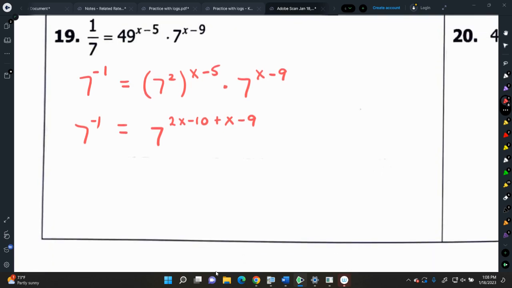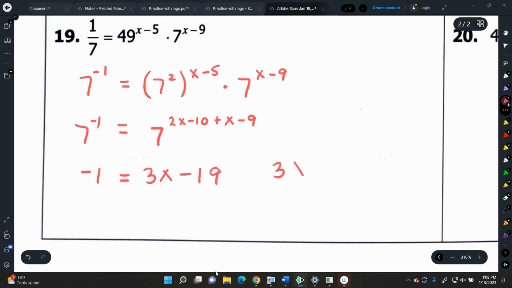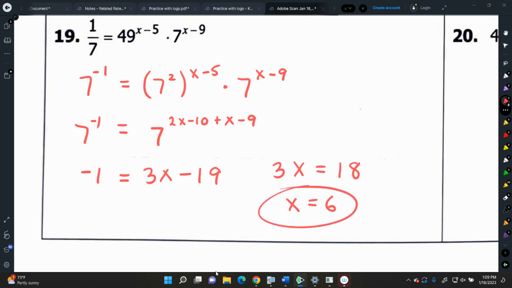Okay. Everybody understand that? What we did? Okay, so we have negative 1 equals, let's see, that's going to be 3x minus 19. That means 3x, adding 19 to both sides, 3x equals 18, or x equals 6. Okay.